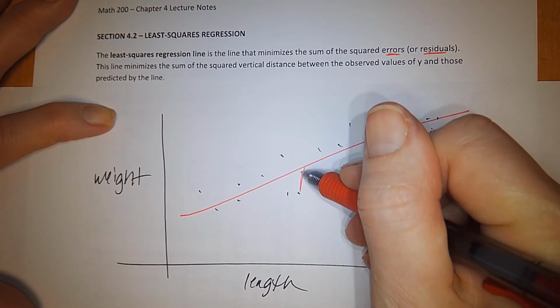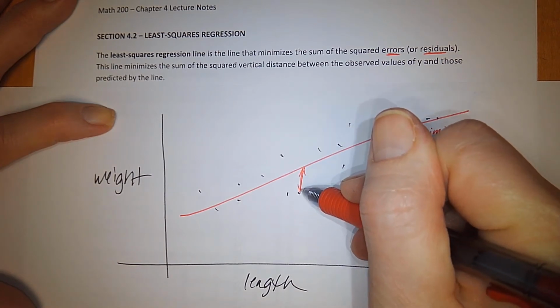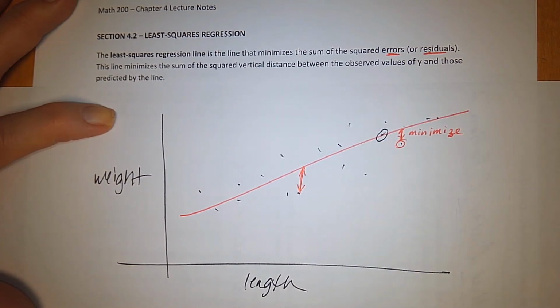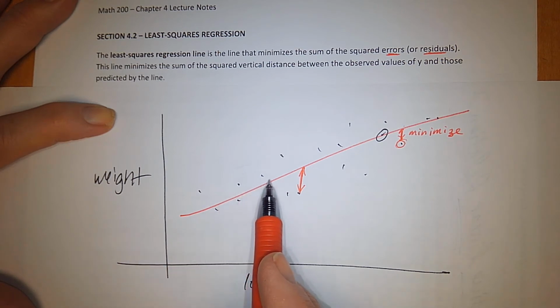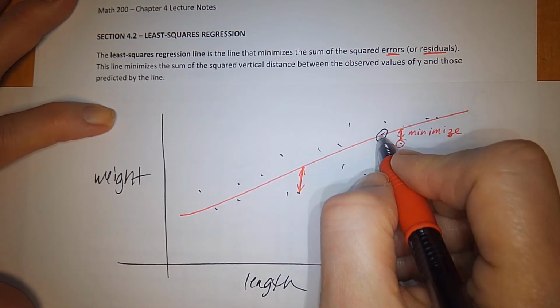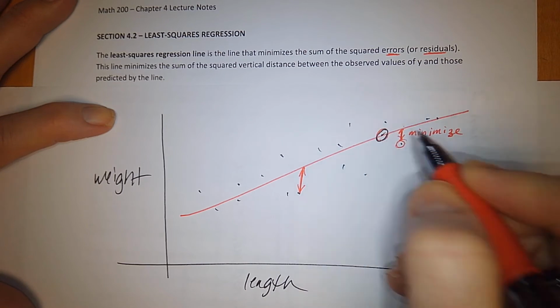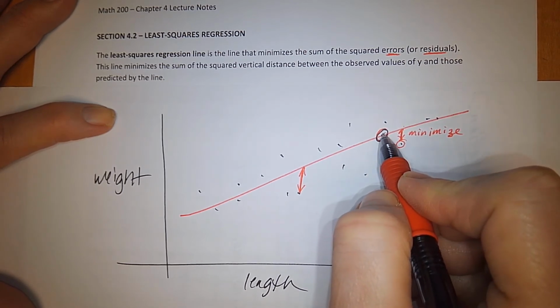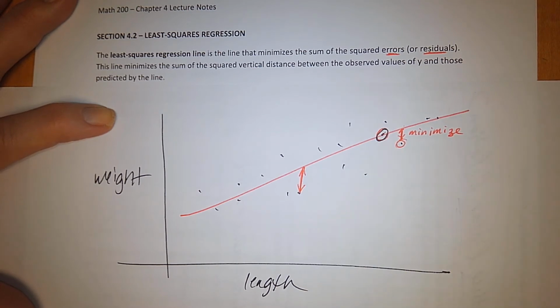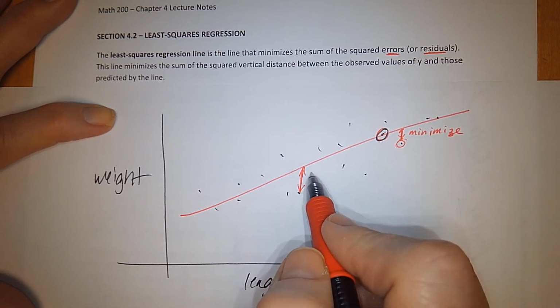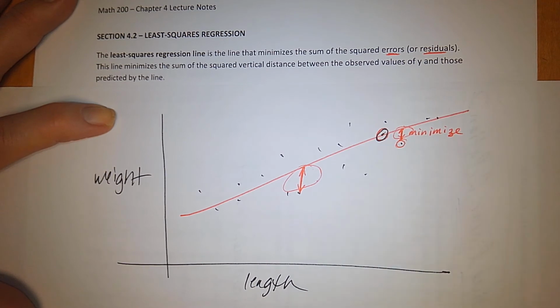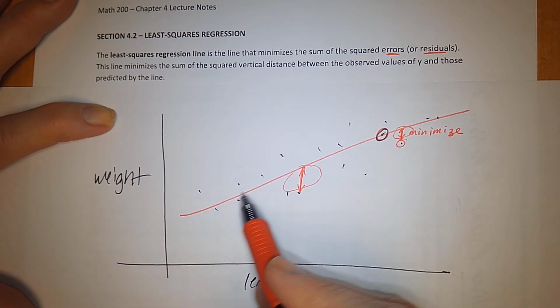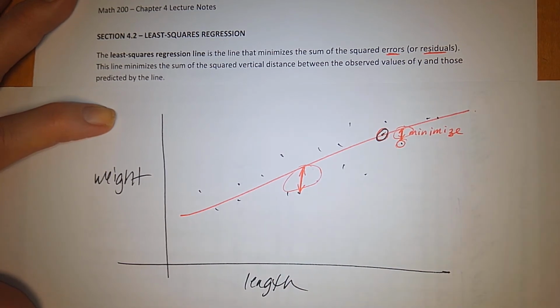This point right here had a fairly large residual because it is far from the trend line, or the regression line. This data point seems to be right on top of the regression line, so it will have a very small error or a small residual. Again, our whole goal is to minimize all of these residuals as much as possible, coming up with this one red line through the data.